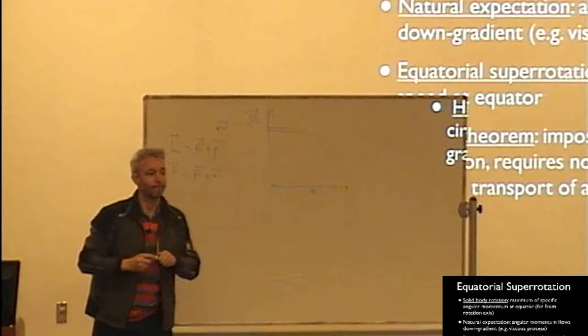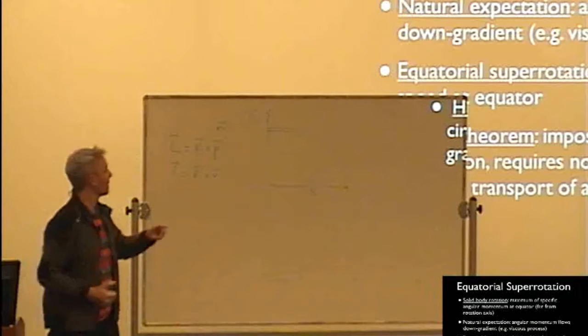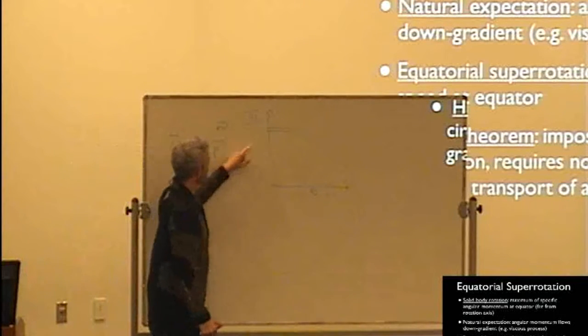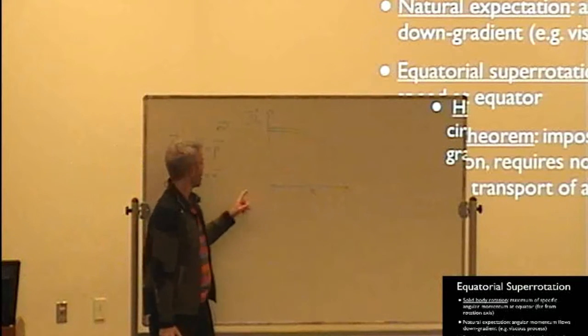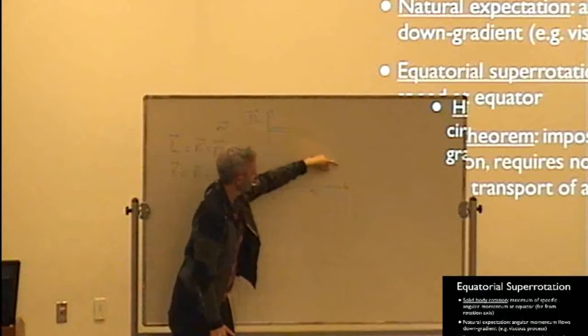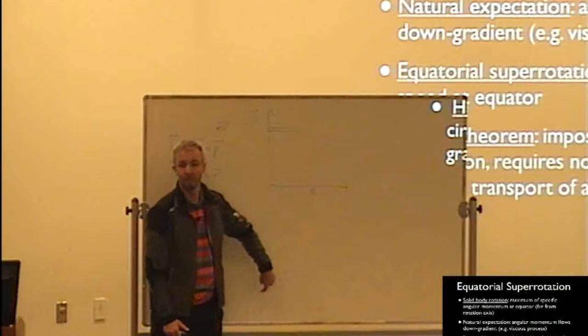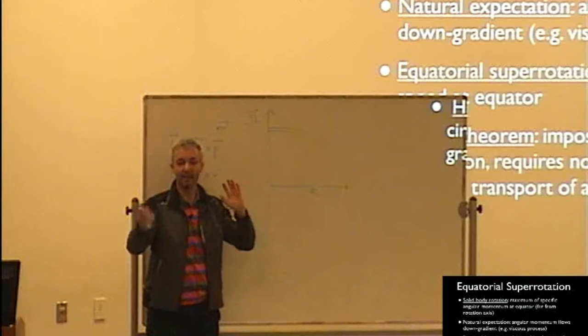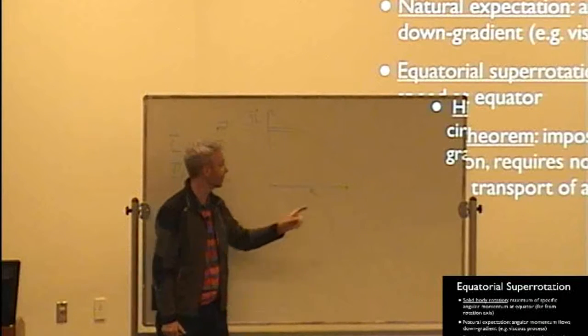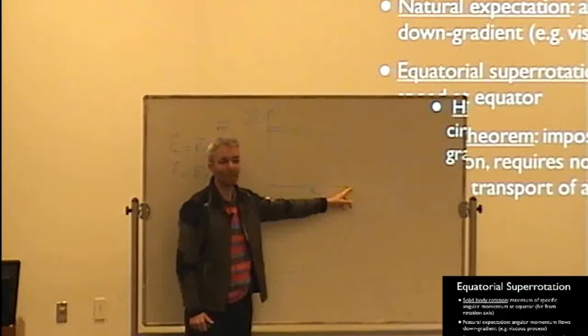Because I'm in solid body rotation, which is what I start with here for the sake of demonstration, I have everywhere the velocity given by the global omega of my planet. And so I have a maximum of angular momentum at the equator, just because I'm further away from the rotation axis.